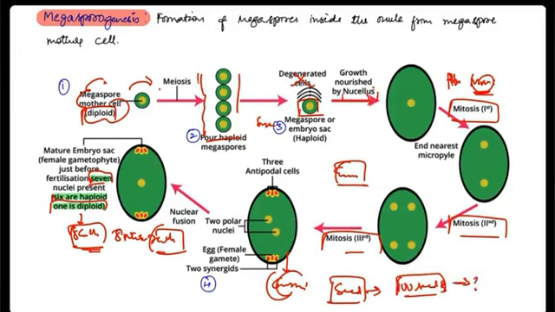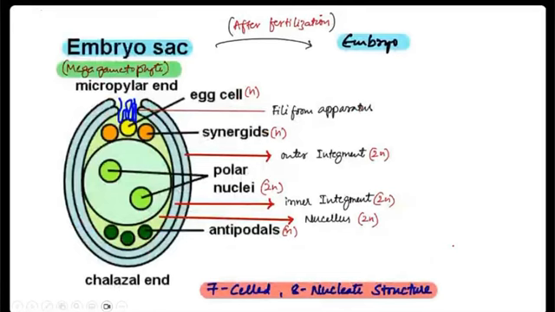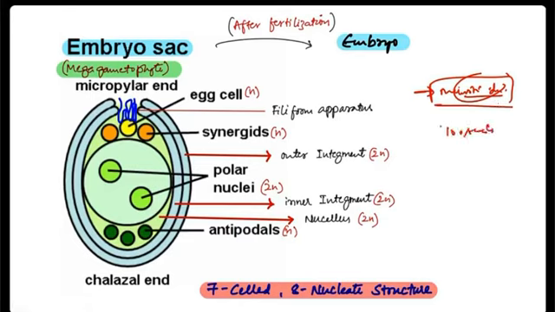The number of meiosis events required to give 100 seeds, like 100 fertilized ovules. Consider both megasporogenesis and microsporogenesis. What will be the number of meiotic divisions that are required? You can think about it later. I just asked about formation of 100 seeds.